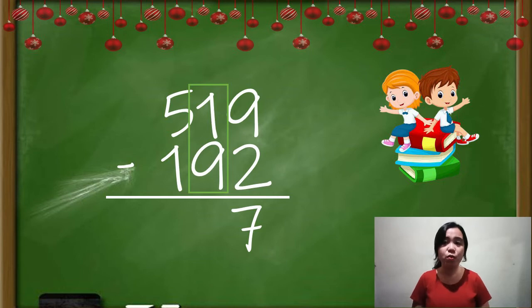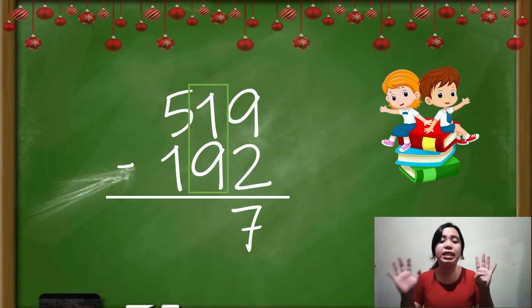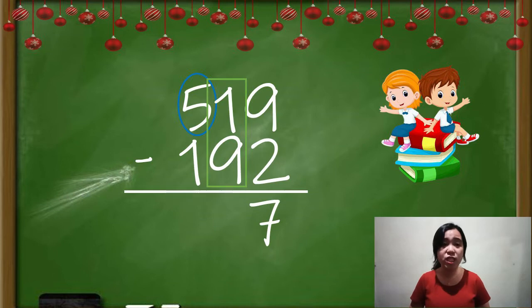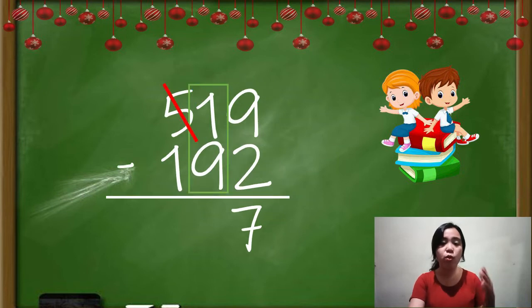As you can see, we have here 1 minus 9. So therefore, we should borrow from the neighbor of 1, which is on the left side, the number 5. So we should cancel the number 5 because 1 will be borrowed from it.